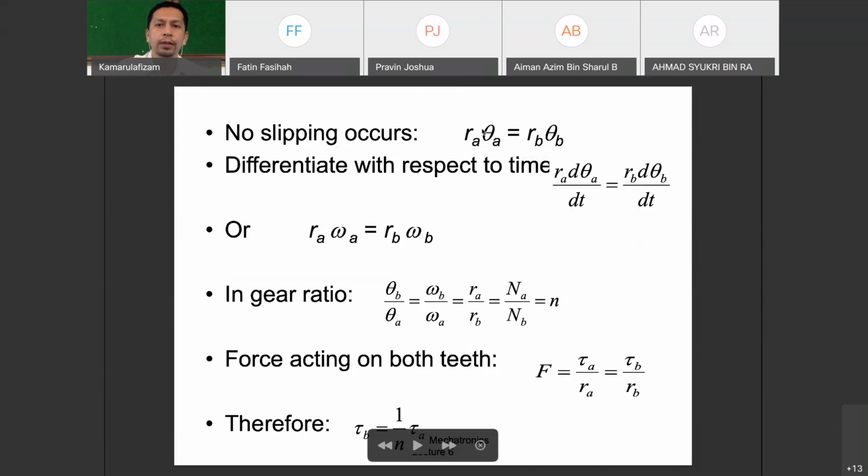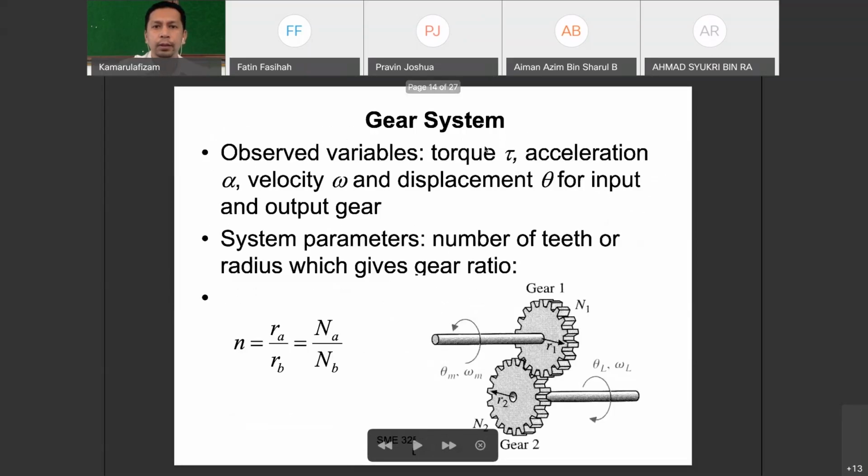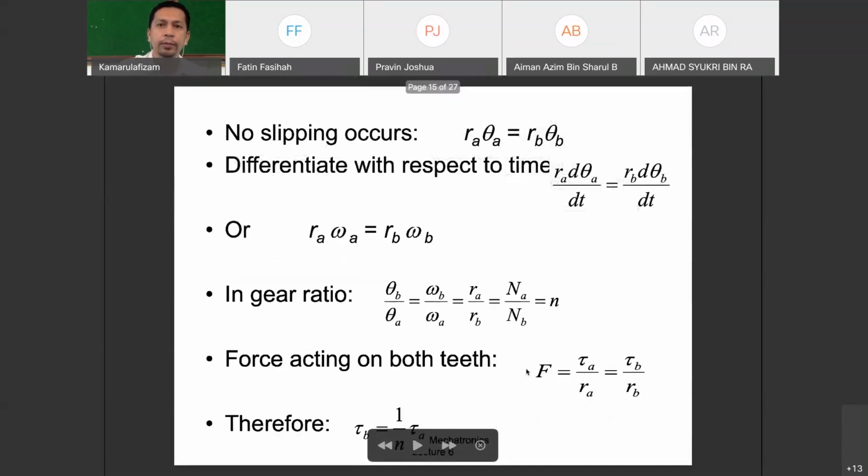So you will have the radius and theta, the input and output gear displacement will be the same. Meaning with no slip, the radius and the angle of rotation and displacement will be the same for both systems. Okay, regardless of what your R is, because they are in contact, meaning no slip, this will be the same. Okay, this is how you differentiate for both.